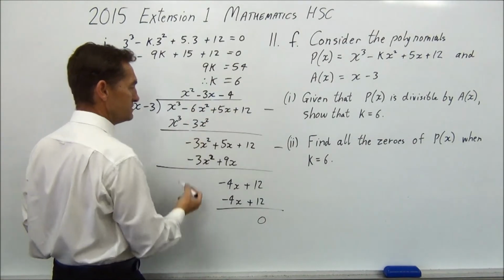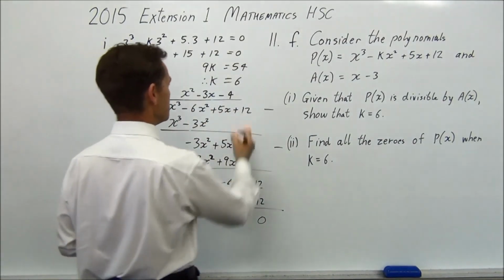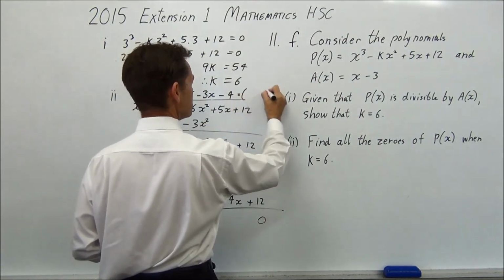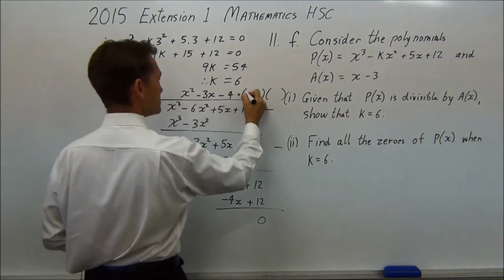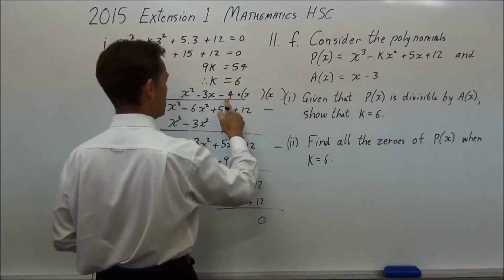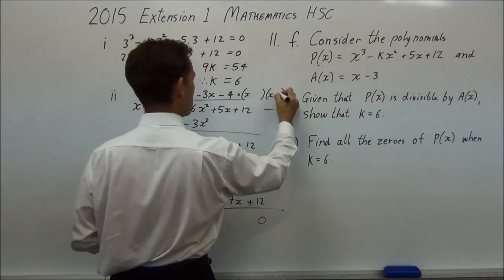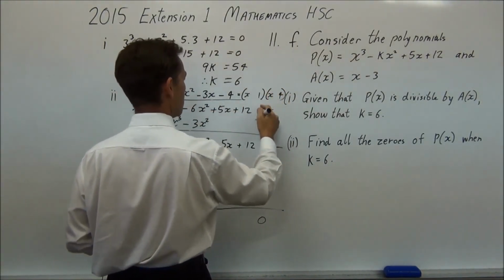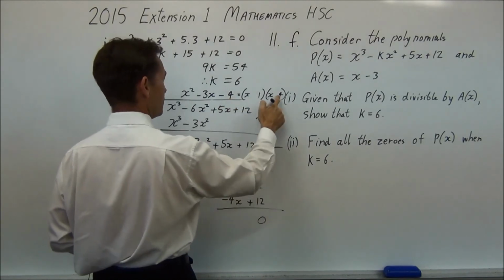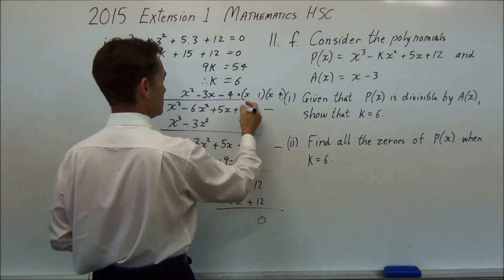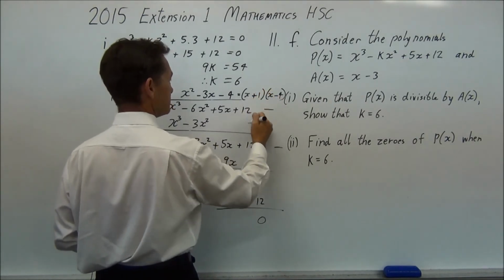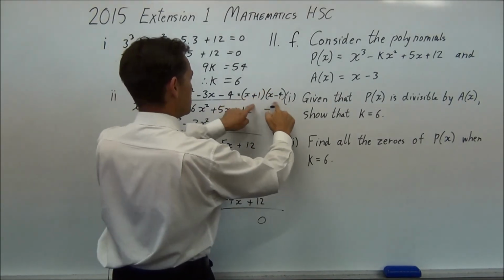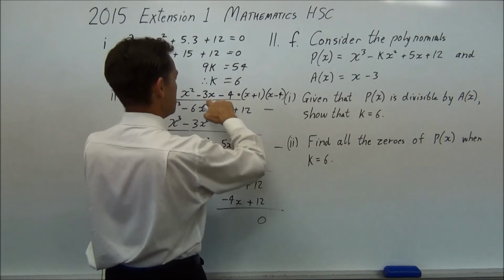So if we factorise this, and we're running out of space, but we can do it very simply just here. So we're going to have x and 4 and 1. 4 times 1 is 4. 4 take away 1 is 3. That's a negative, so that will be a negative, and that will be a positive. So that'll be minus 4x plus 1 is minus 3x.